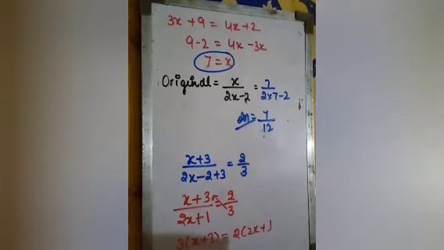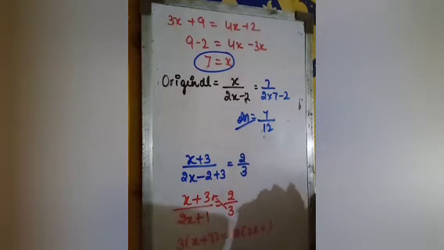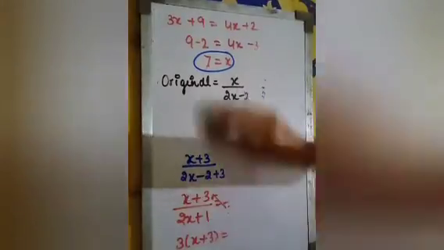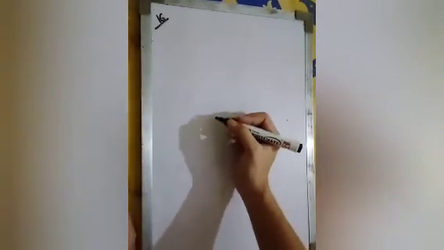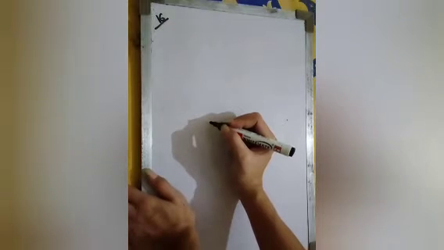Okay. Now let's see the question number 16. In question number 16, it is saying the width of a rectangle is 2/3 of the length.